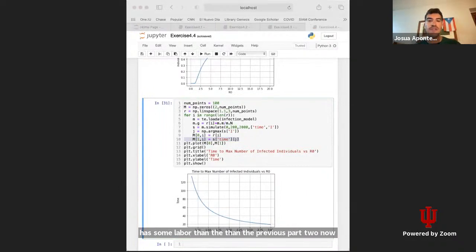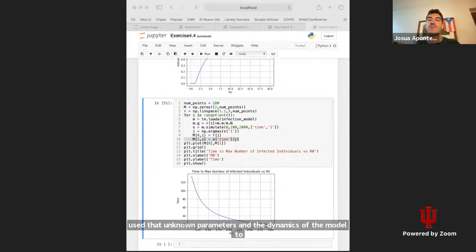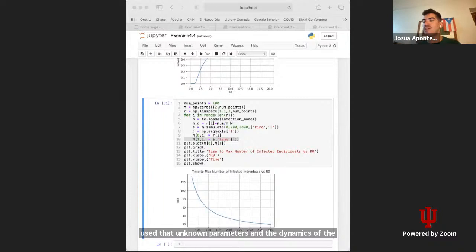Up to now, we've used the known parameters and the dynamics of the model to determine or calculate important indicators of the epidemic. When do we reach the peak of the epidemic?